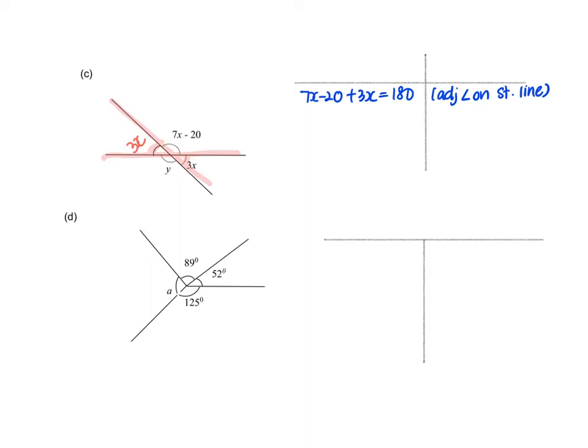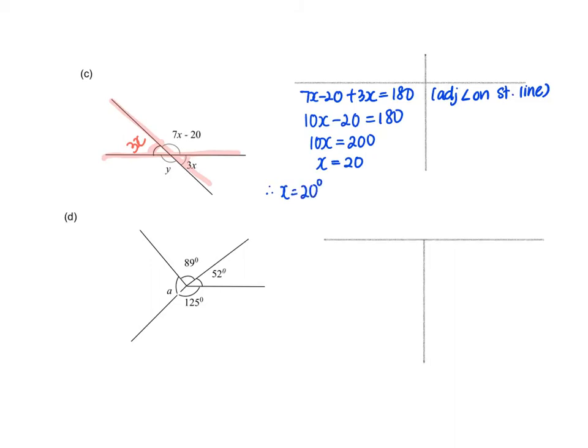Then now I'll proceed to find x. 7x plus 3x, 10x minus 20 is 180. 10x equals 180 plus 20. 180 plus 20 will give you 200. So x will equal 20 degrees. So I already know what x is. How am I going to find the value for y?